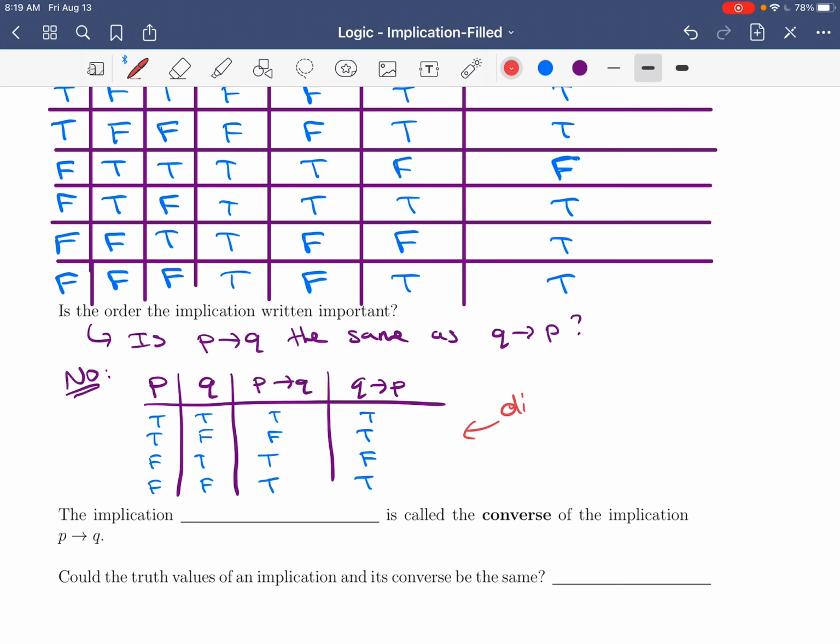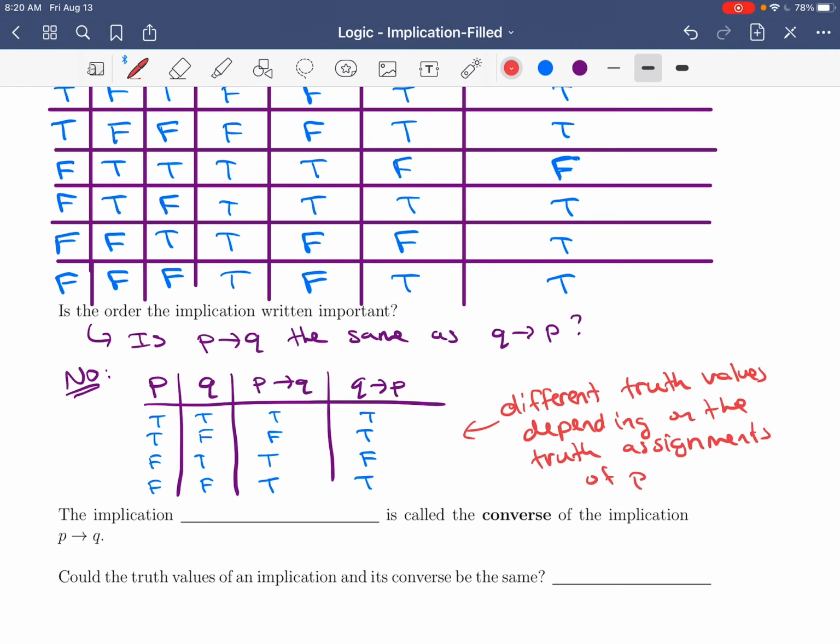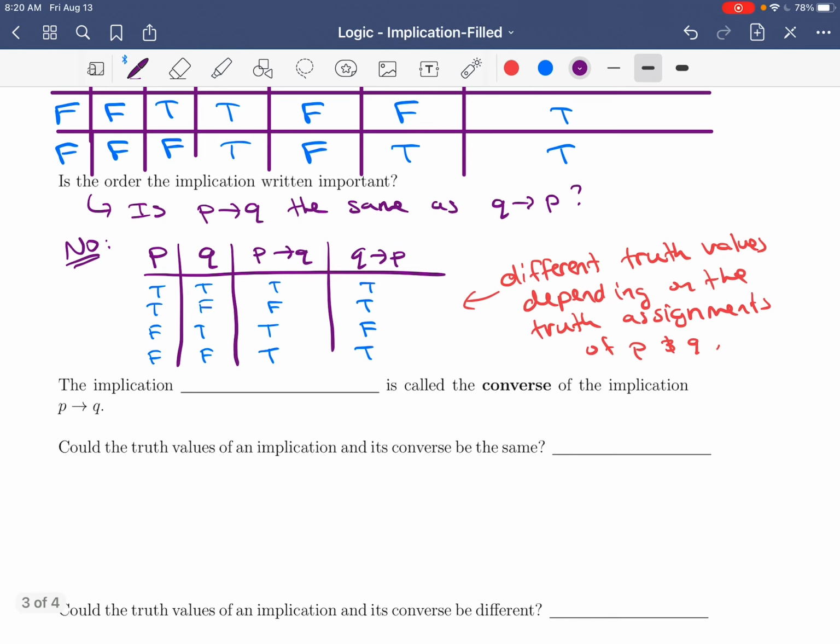So they have different truth values depending on the truth assignments of P and Q. So that means that they're different. If they have different truth tables, then they're different. But the implication Q implies P does have a name. It's called the converse of the implication P implies Q.